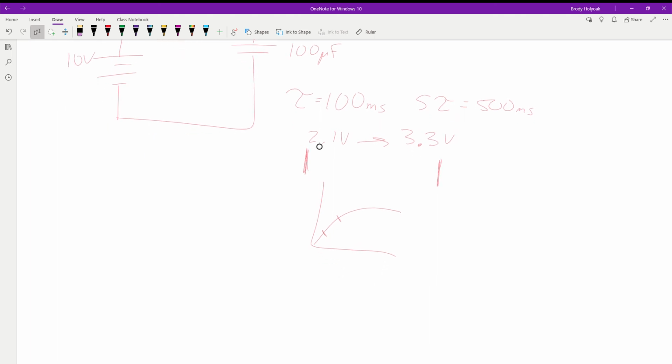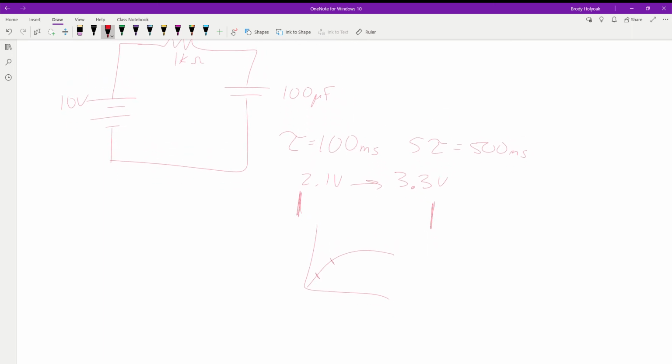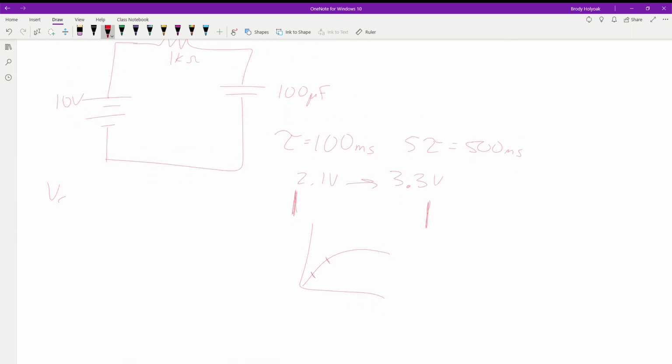So, first thing we're going to do is set our equation up. VC is equal to V final plus V initial minus V final times e to the negative t over tau. The voltage of our capacitor is going to be this 2.1. We'll solve for this value, find out how much time it takes as it's charging to get to 2.1.